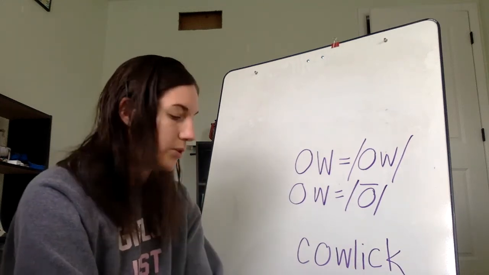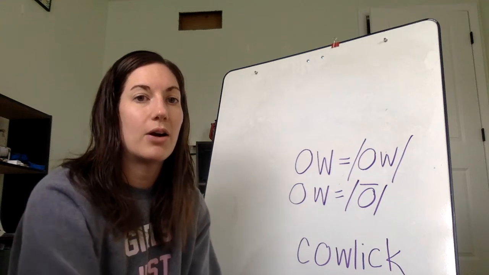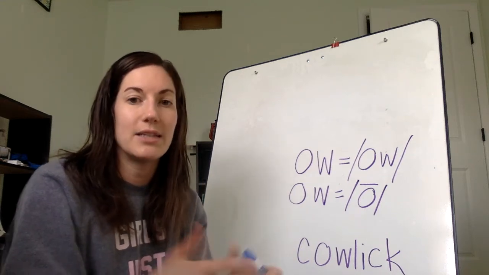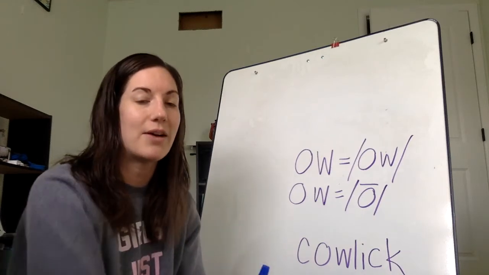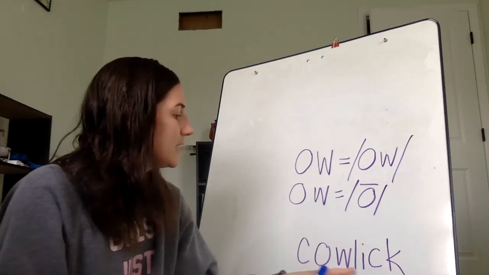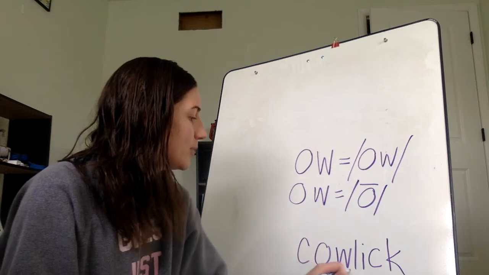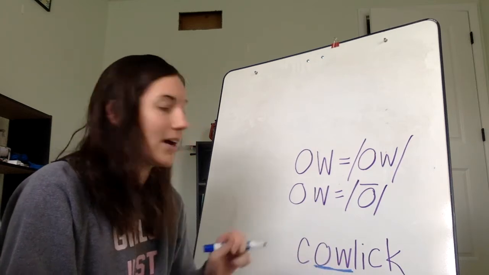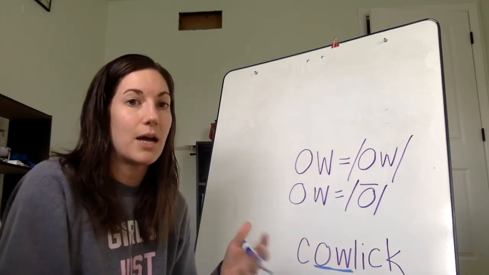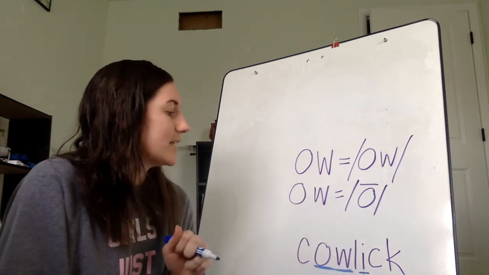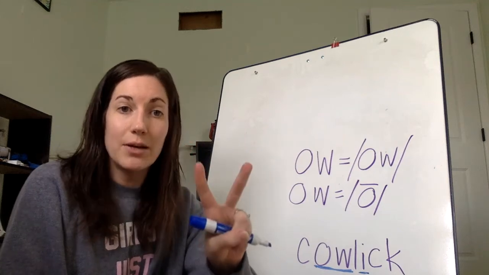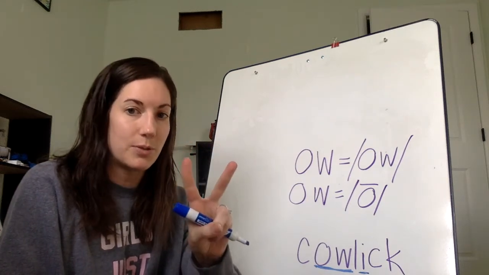So remember, when we're looking for our ways to break words apart into syllables, the first thing we do is look for our vowels and vowel teams. So in the word cowlick, I see OW, and I know that that is a vowel team. So they get underlined together. And then I also see the letter I. So that tells me that I'm going to have two vowel sounds, so I'm going to have two syllables.